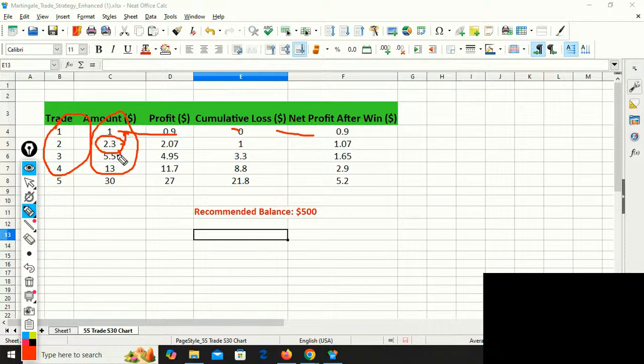If you lose, you go to the third, and so on. So whenever you win a trade, let's say the fourth over here, this is going to be your net profit, plus you will recover the first three losses. Okay, quite straightforward.